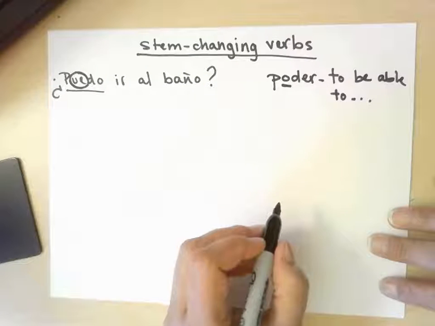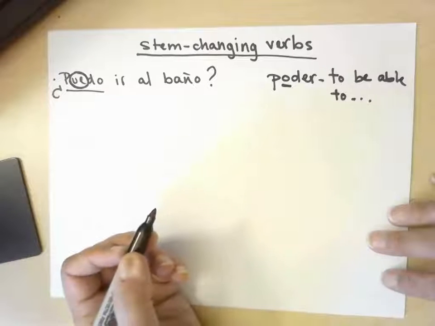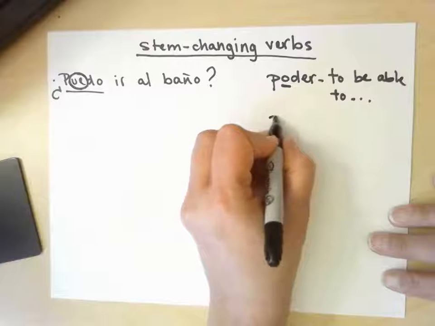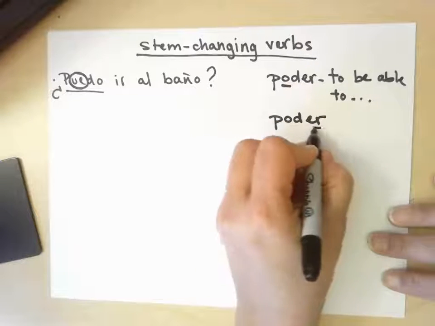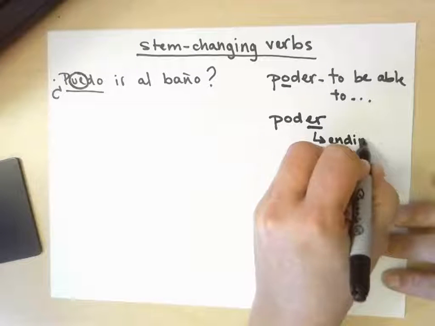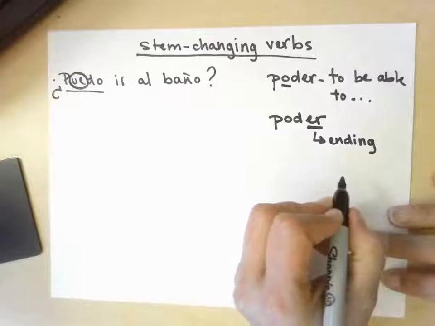Okay? Because there are a series of verbs in Español that have a stem change. If you take a look at a verb, let's repeat poder. This part of the verb is your ending. And in Español, there are three endings that are the only endings for verbs.